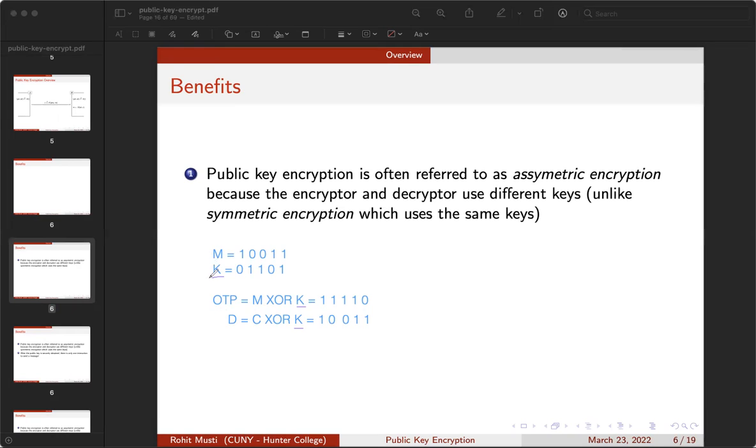So this key being the same thing is a pretty glaring weakness in cryptography.